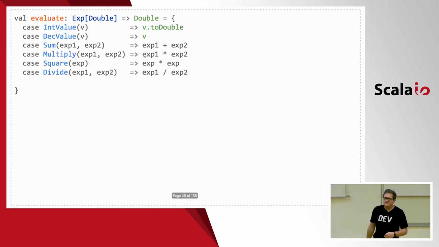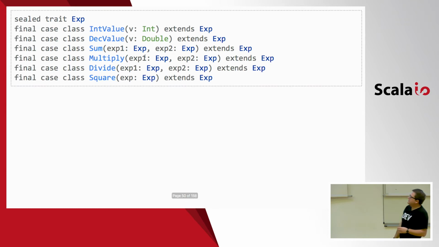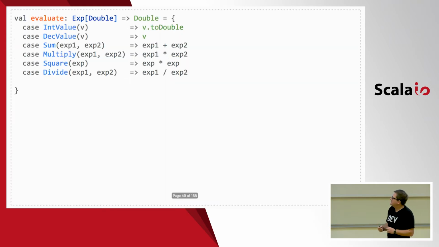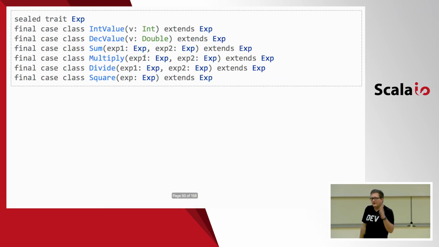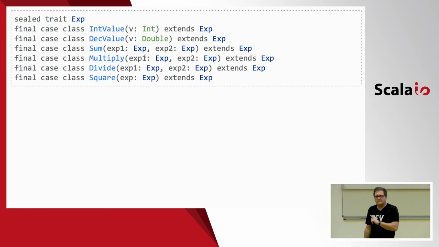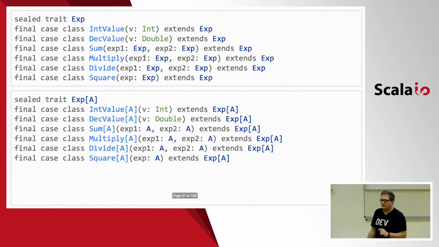So in order to have this function, I would have to change the signature of my expression a little bit. Evaluate will be having expression of doubles because I only want to deal with doubles. Make string will have to deal with expression of strings because I only want to deal with strings at this point. So I would have to change this example to something a little bit more bizarre.